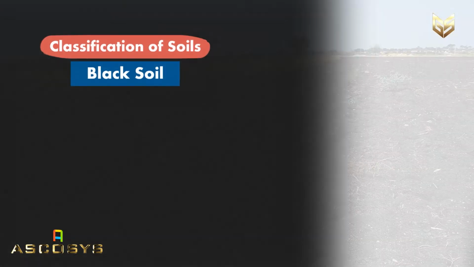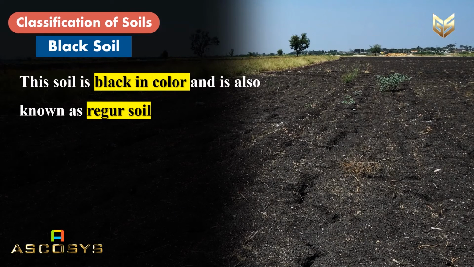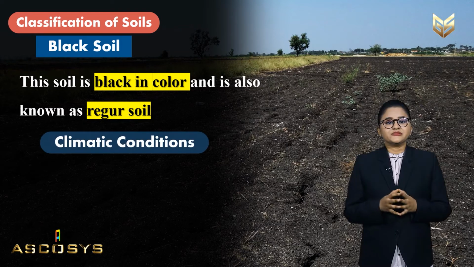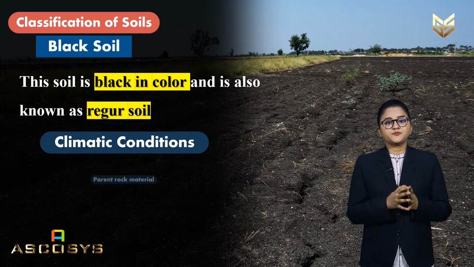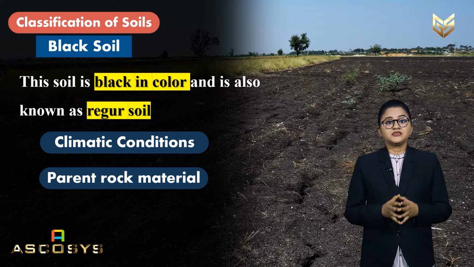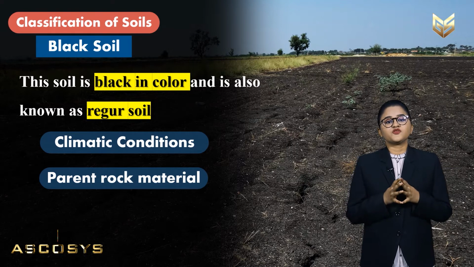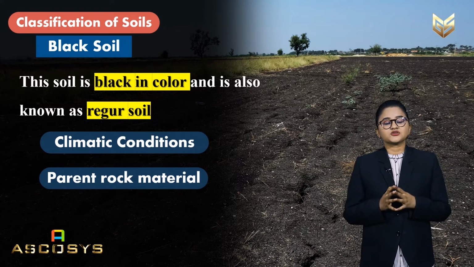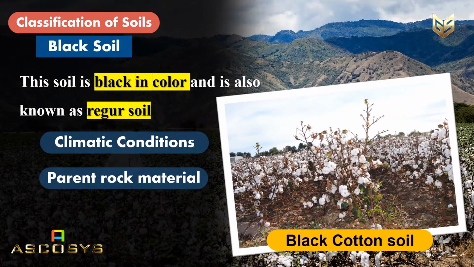The black soil is of course black in color and is also called the regur soil. Climatic conditions along with the parent rock material are the most important factors for the formation of black soil. The soil is ideal for growth of cotton and is also known as black cotton soil.